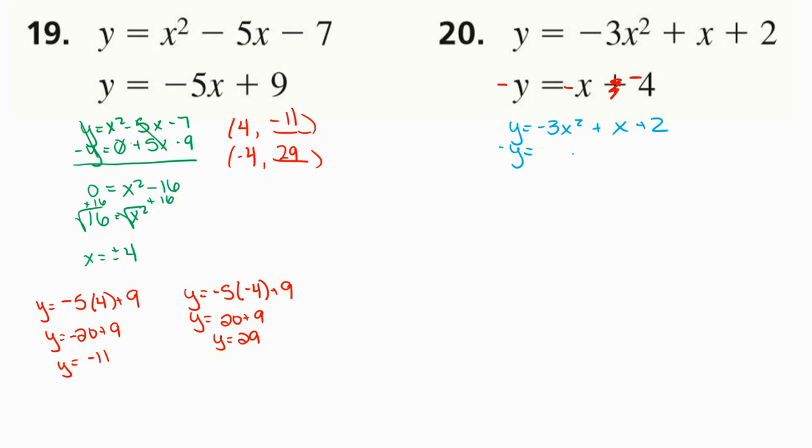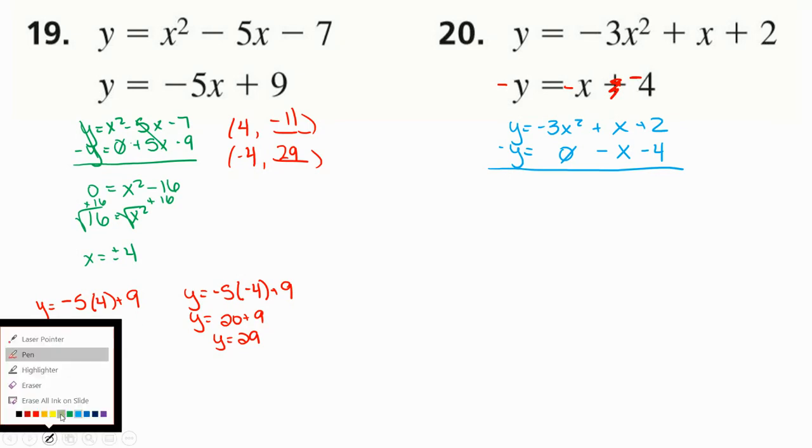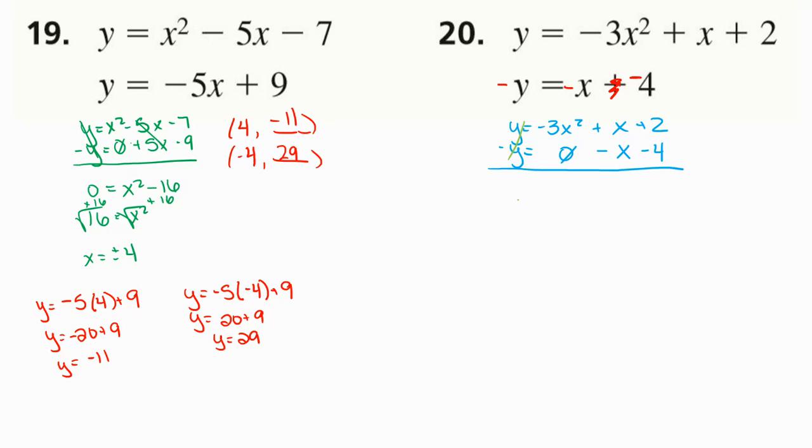So negative y equals, there's no x squared, minus x minus 4. Negative 3x squared gives you a 0 minus 2.